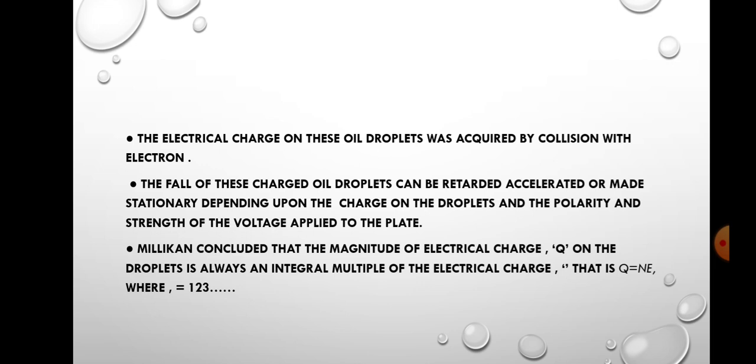The electrical charge on the oil droplet was acquired by collisions with electrons.